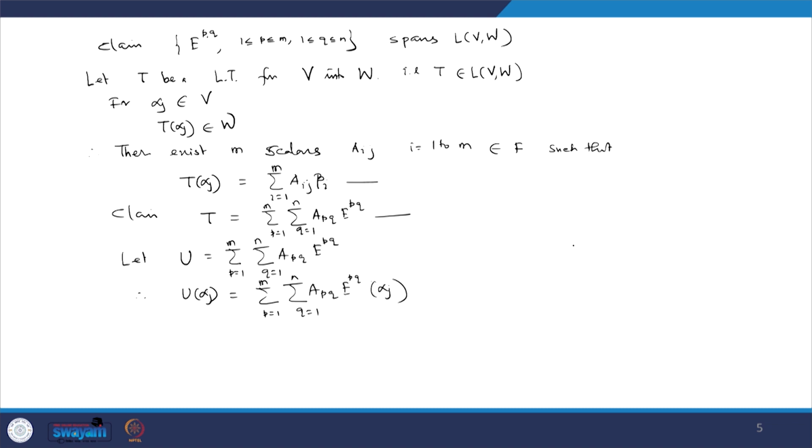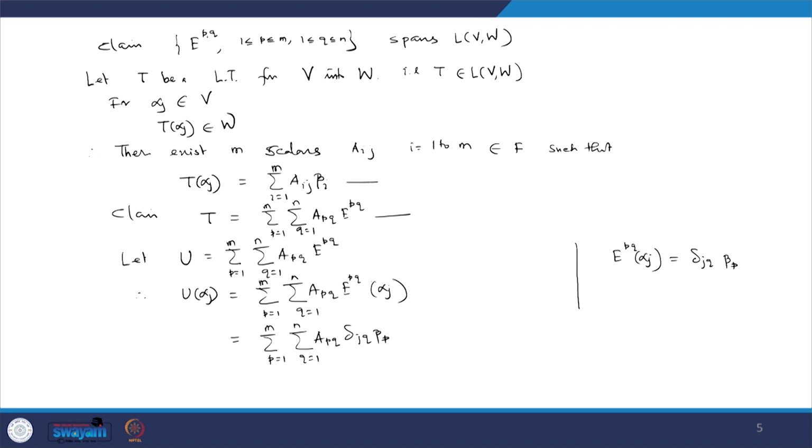Already we know the definition of EPQ. We know EPQ operating on alpha j is equal to delta jq into beta p. So U alpha j is equal to sigma p equal to 1 to m, sigma q equal to 1 to n, APQ and delta jq into beta p.